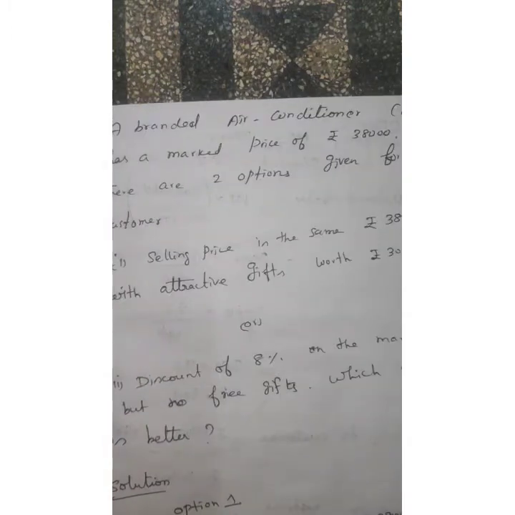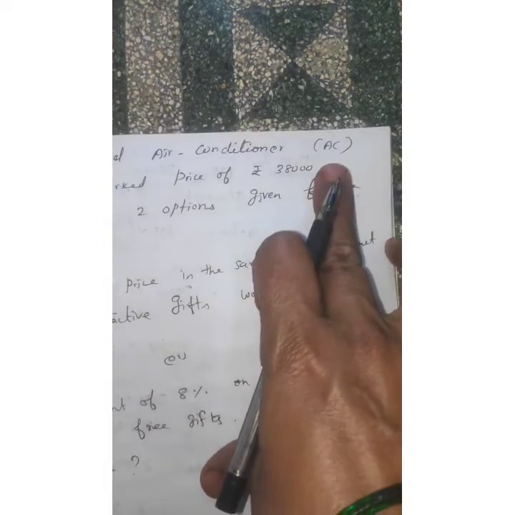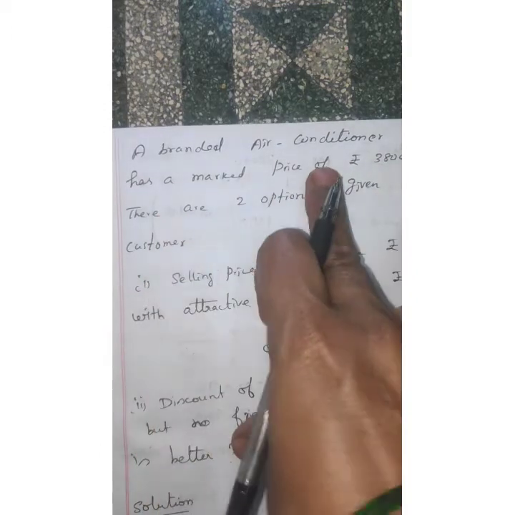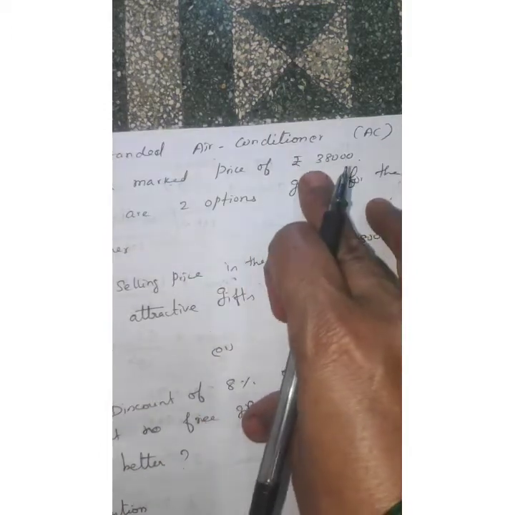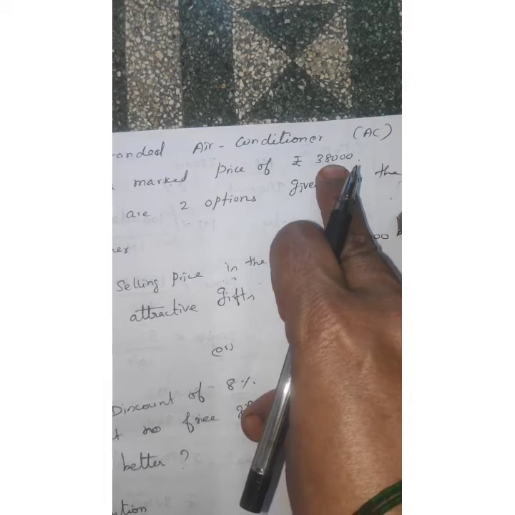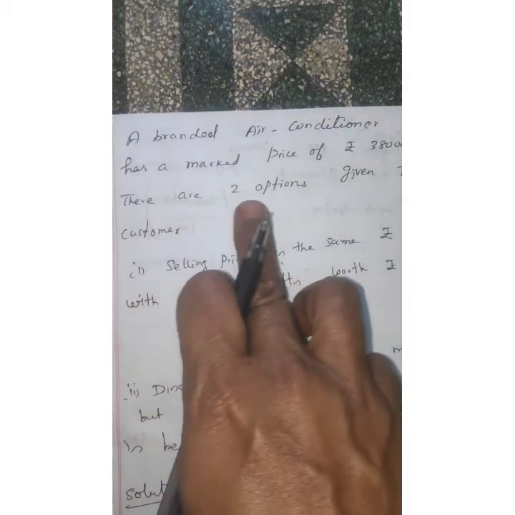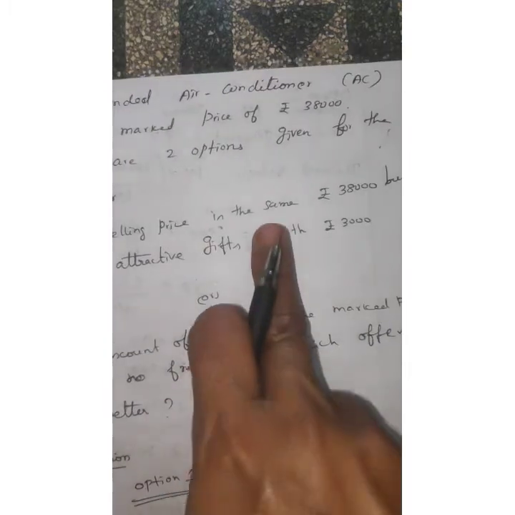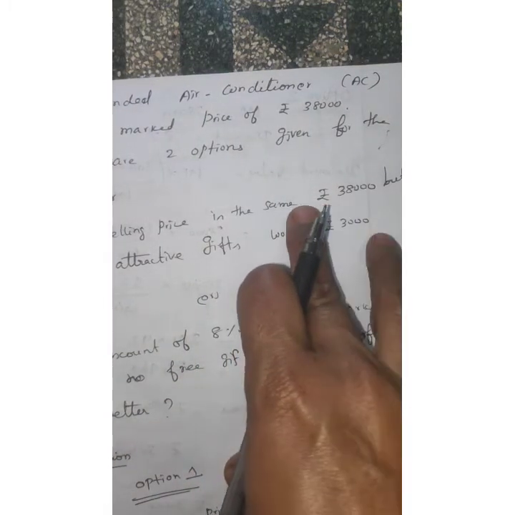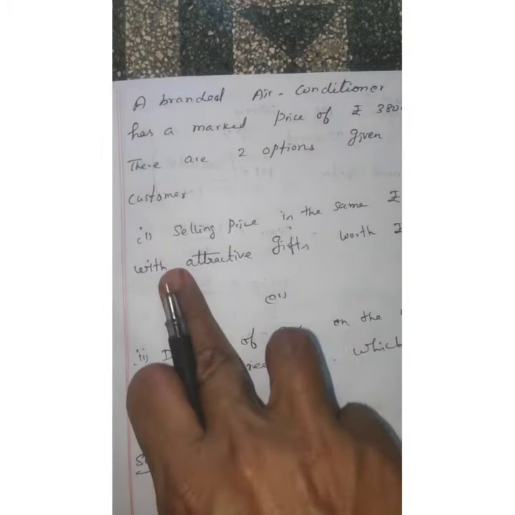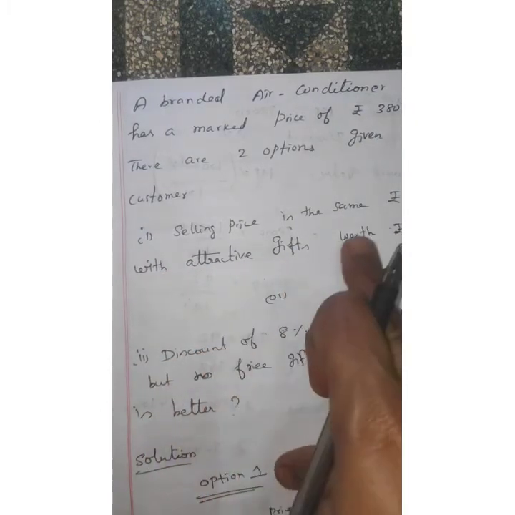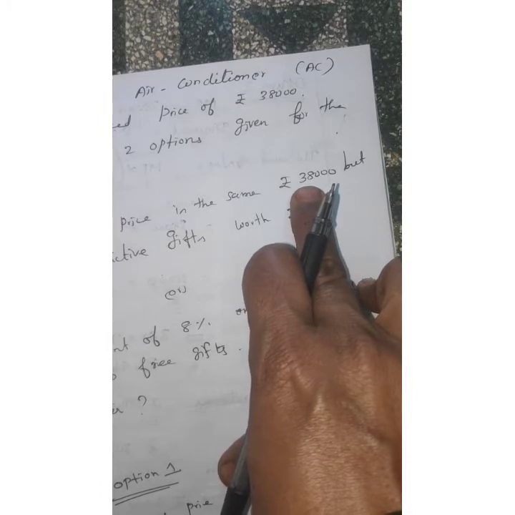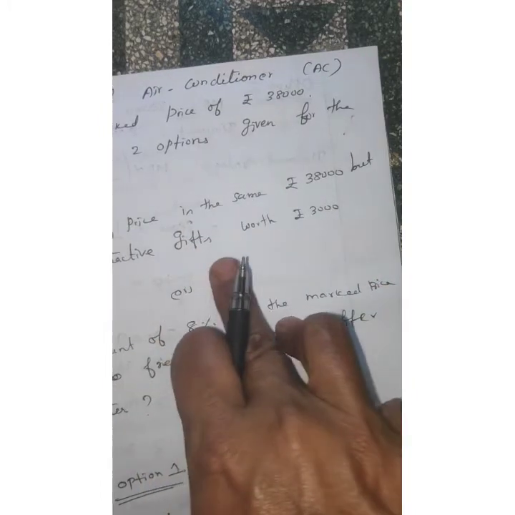9th question. A branded air conditioner, AC, given in the picture has a market price of 38,000. There are two options given. First option: selling price is the same 38,000 but with attractive gifts worth 3,000. The AC amount is 38,000 only, and the gift is also given.